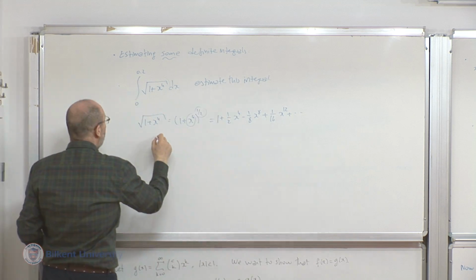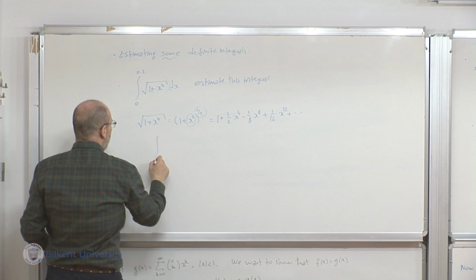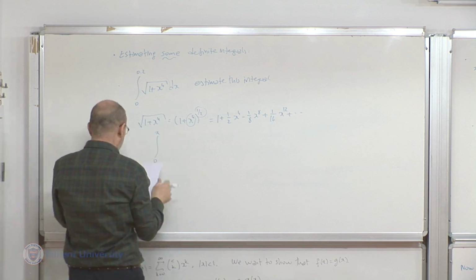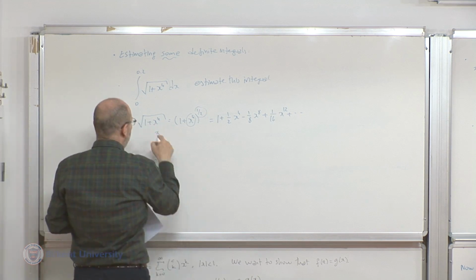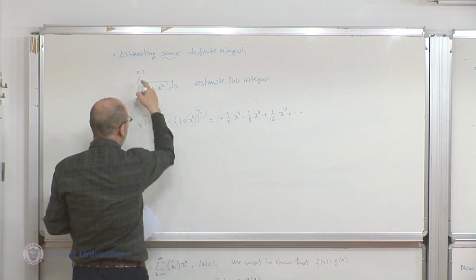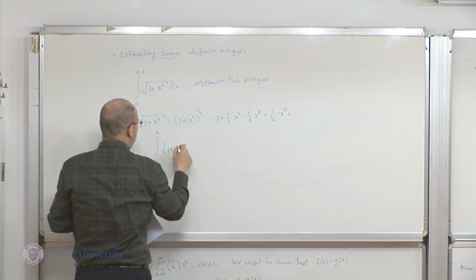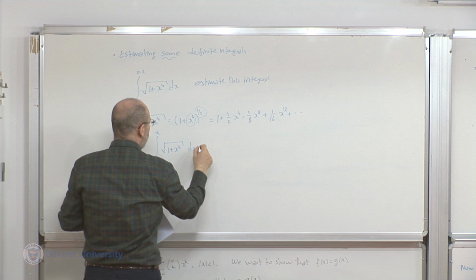Integrate. So you integrate from 0 to x again. And after that, I'll put x equals 0.2, integral of square root of 1 plus x to the 4 dx.